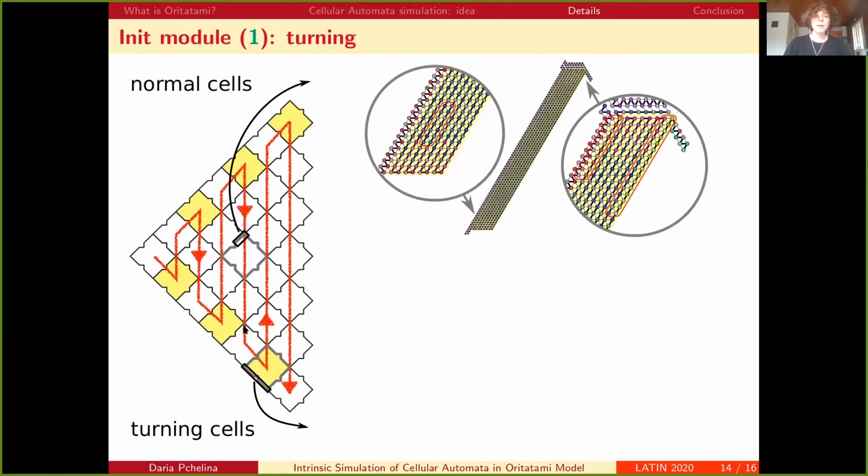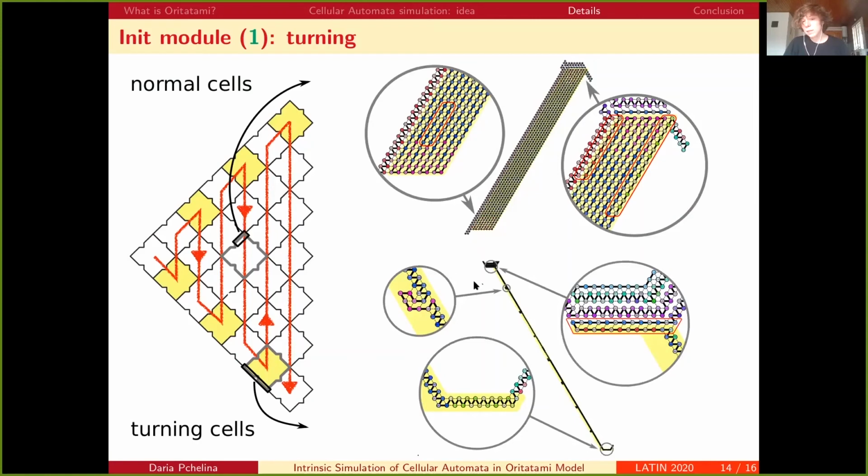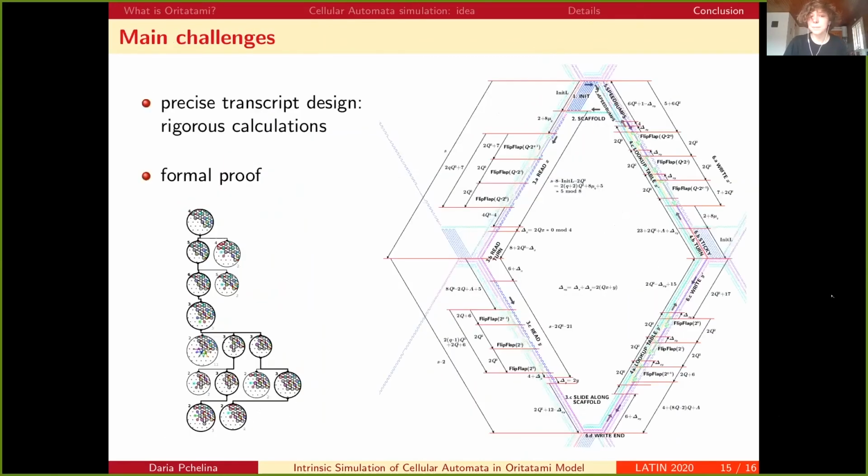But when we have no neighbor, we should turn. And so in this case, it goes straight and creates a wall, and then it turns. Notice that this is the same segment of the transcript behaving differently in different contexts.